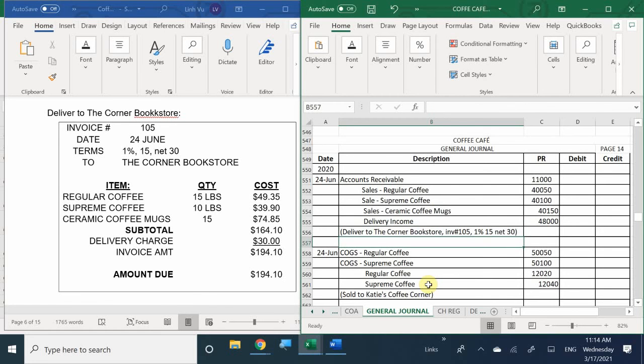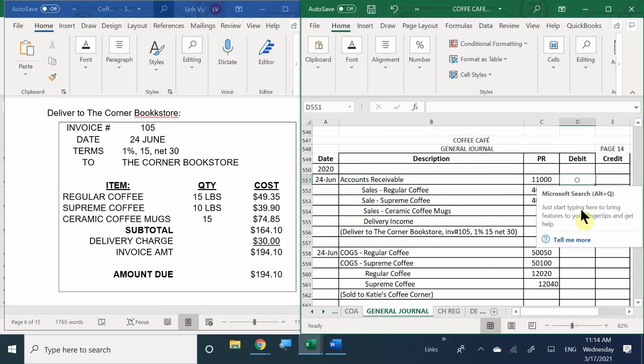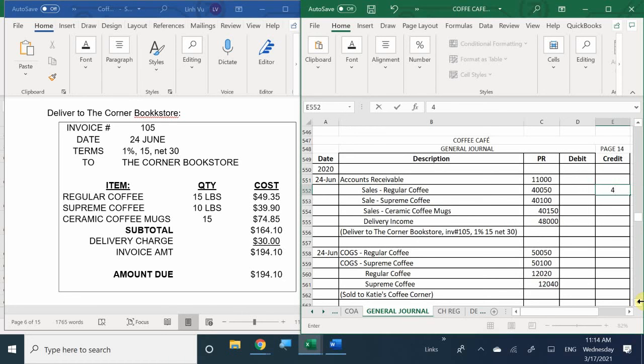Good. All right, so what was the amount that the Corner Bookstore owes me? 194. Okay, so I'm going to leave that as my equal sum. What was the total amount of coffee I sold? 49.35.